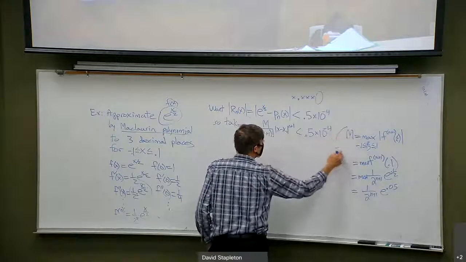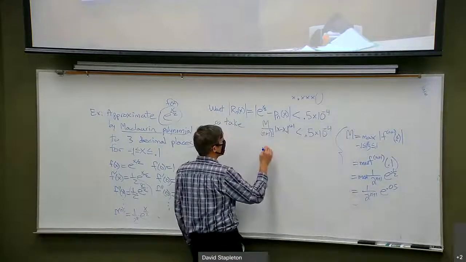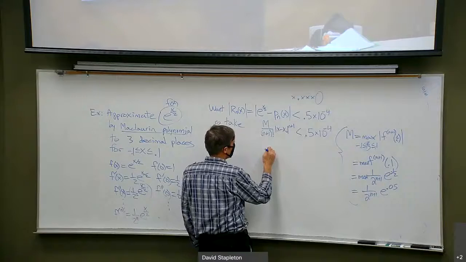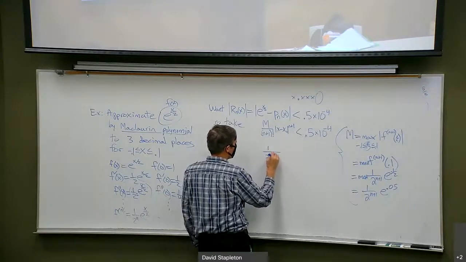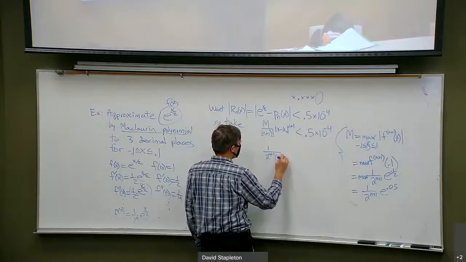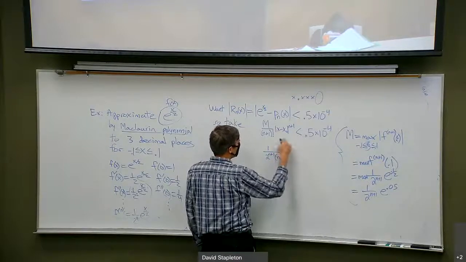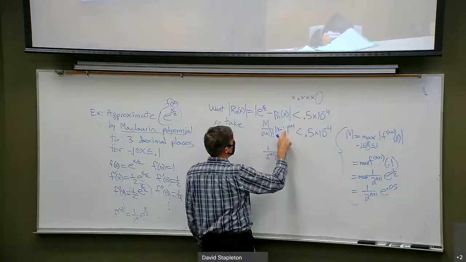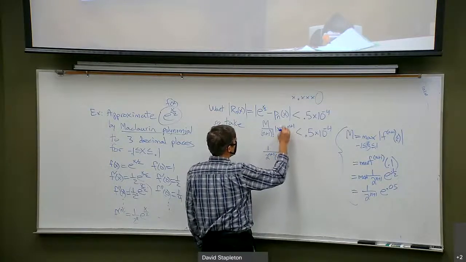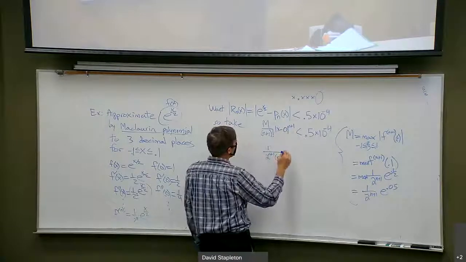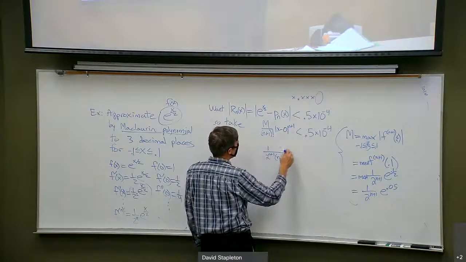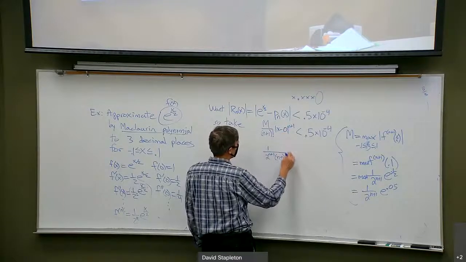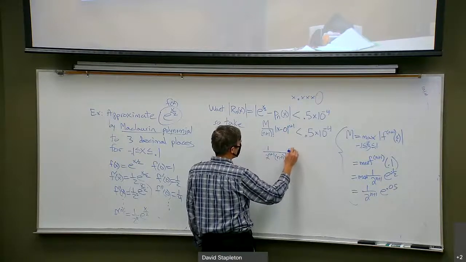And we use this now and say, we want 1 over 2 to the n plus 1, over n plus 1 factorial, times x0, which for a Maclaurin polynomial is 0. And the biggest this can be is 0.1.